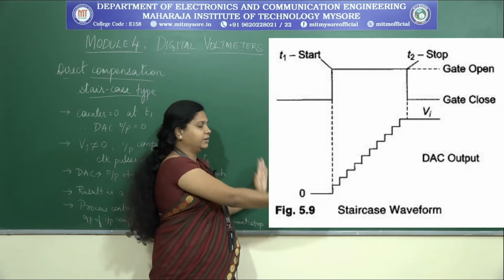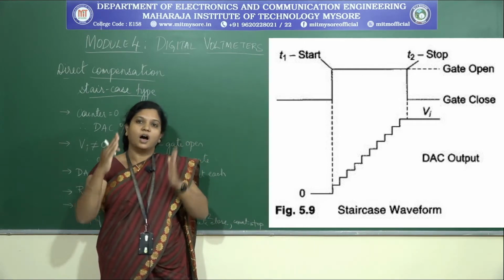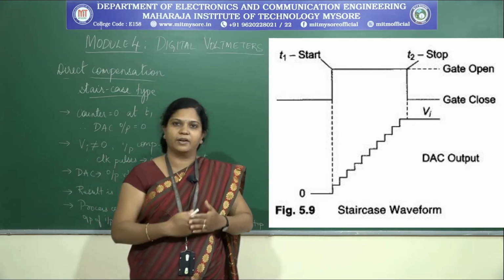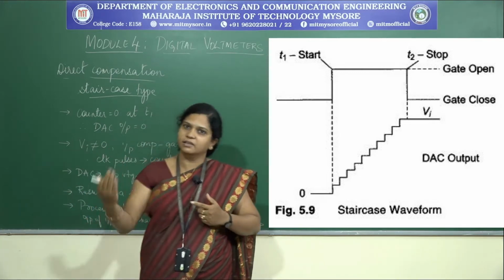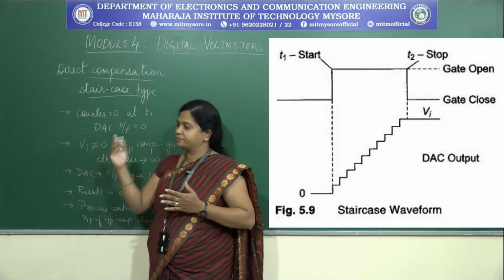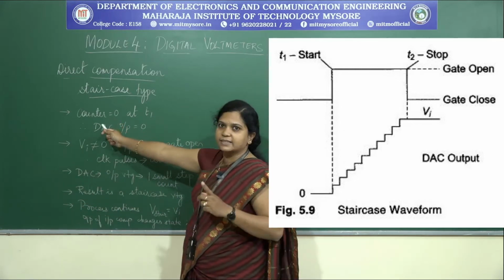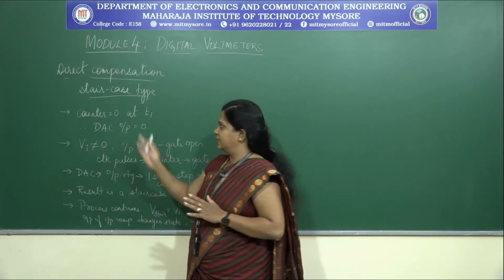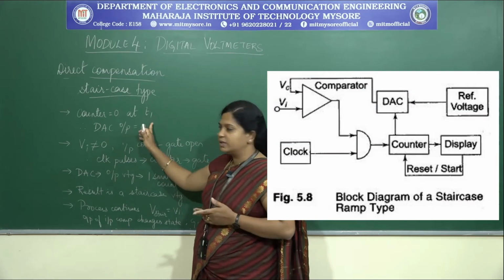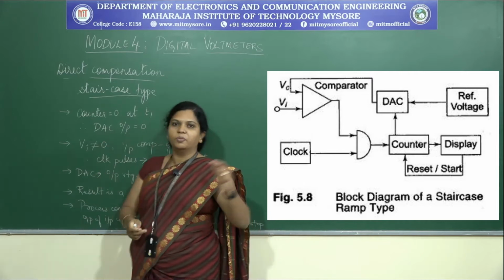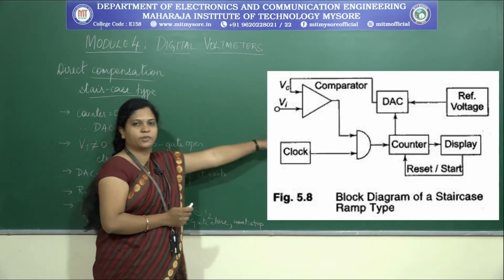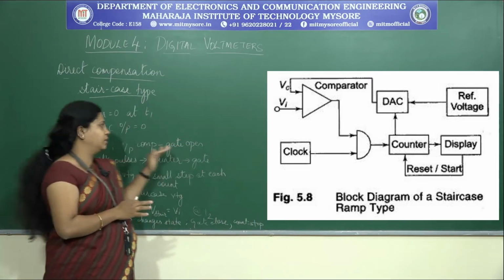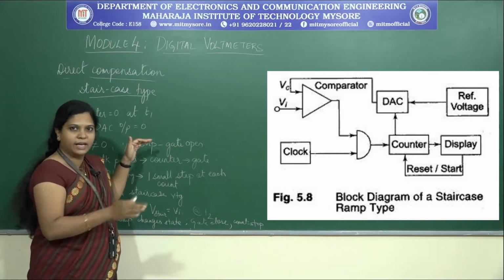This complete range from T1 to T2, the number of counts addressed, will be taken as the input voltage. So, at the start of the process, the counter is equal to 0, resetting at time T1. Once the counter is equal to 0, the DAC output will also be equal to 0, because we are not giving any input.